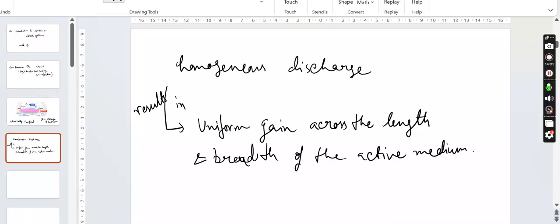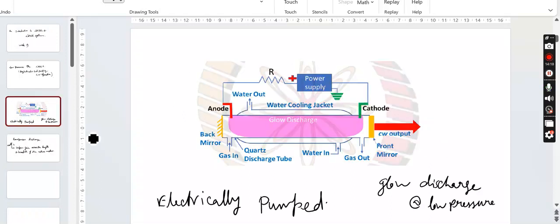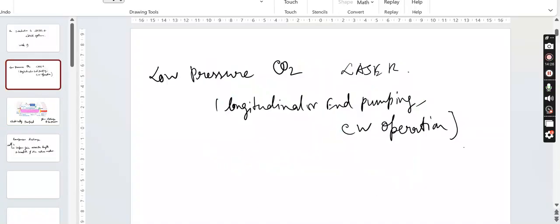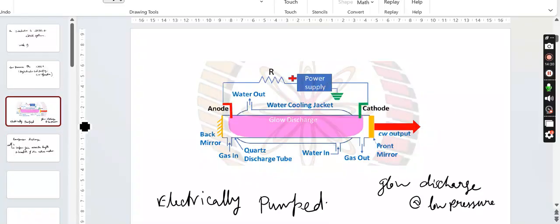The CW operation capability is intrinsic to the low pressure carbon dioxide laser, as a glow discharge can be sustained here as long as the electrical pumping network continues to feed it with energy at the required rate. So the electrical pumping rate here is enough for this pressure to maintain this glow discharge. We always want to maintain the glow discharge because, as you can see in the picture, most of the volume of the gas medium is covered in this region.